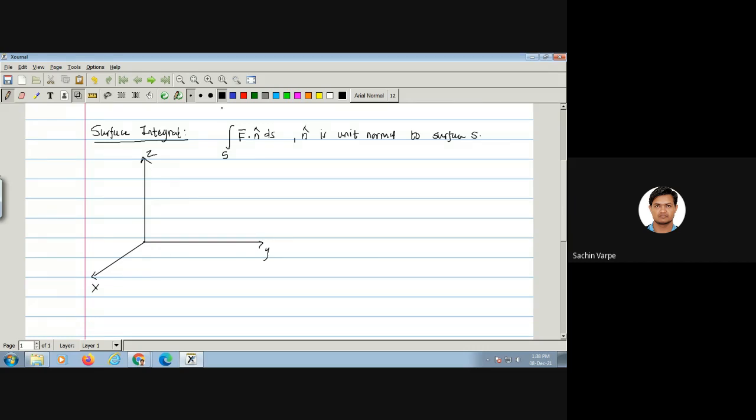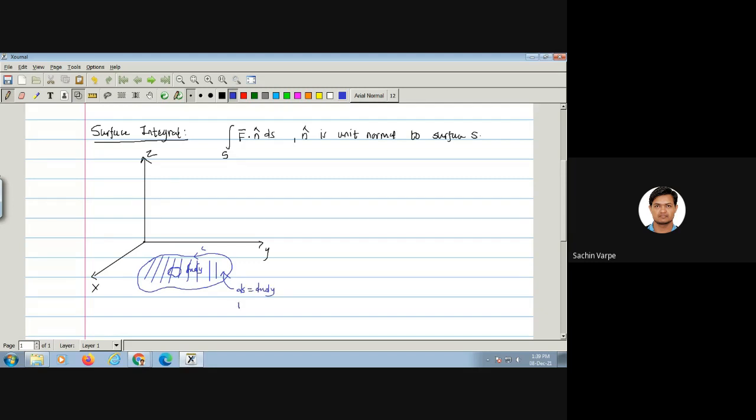If you consider any surface in the xy plane, suppose a surface bounded by this curve C, what will be the area element for this particular surface? If I consider a small part of that surface, its area element will be simply dx dy, or delta x delta y. The integration of all those area elements will be the complete surface area. So the area element ds will be dx dy for this particular surface.